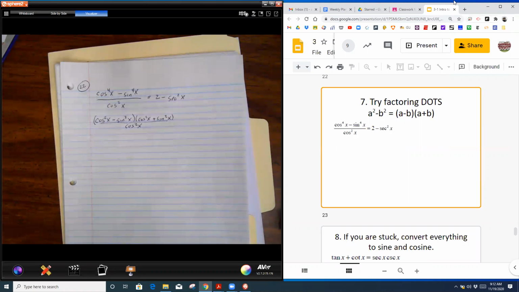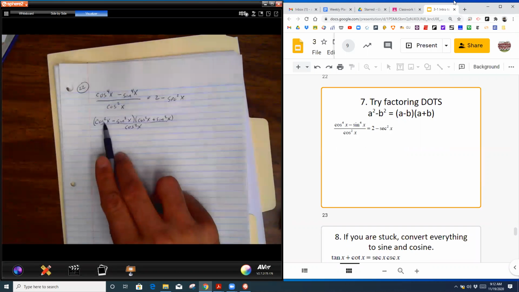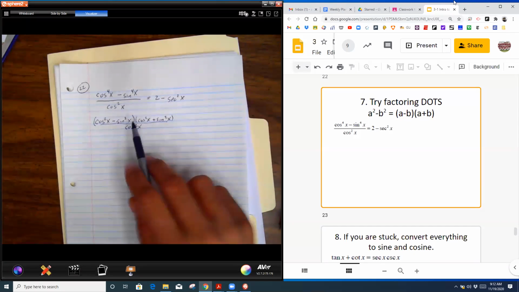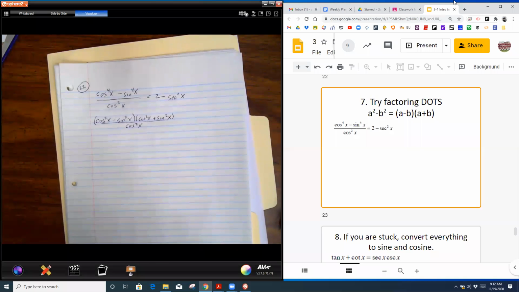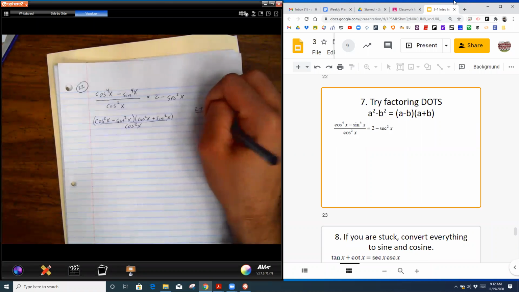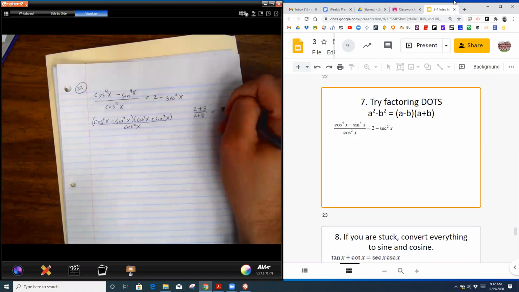You want to be careful with that because they're not factors. Like, it's cosine squared minus sine squared. If it was like cosine squared times something else, you could do that. But you don't want to cancel out terms. Like if you had 2 plus 3 over 2 plus 8, right? That should not equal 1/2.